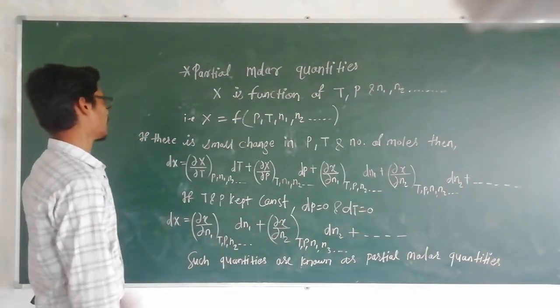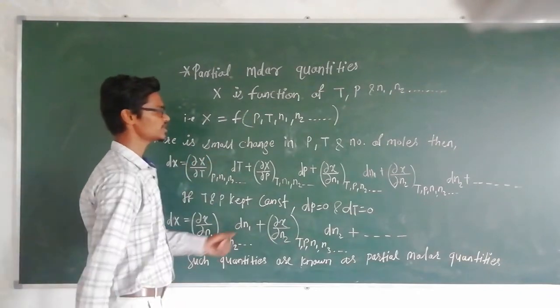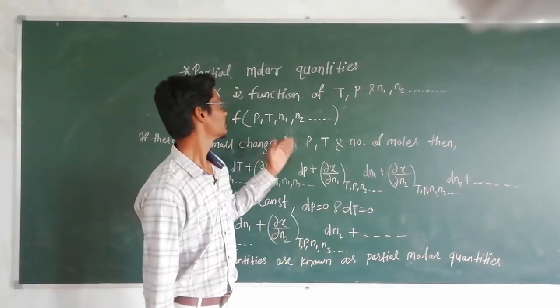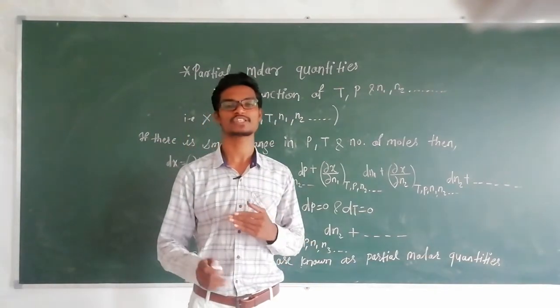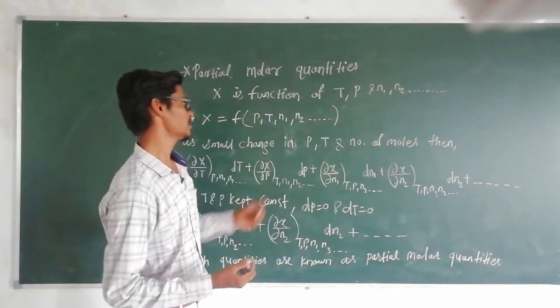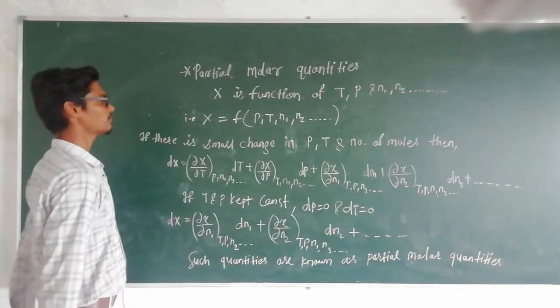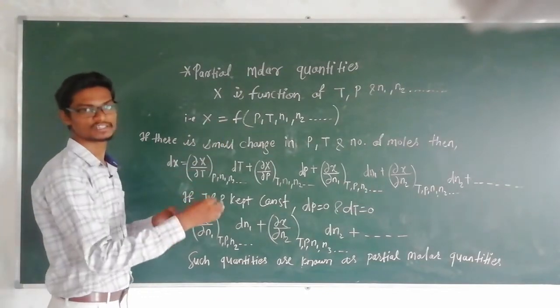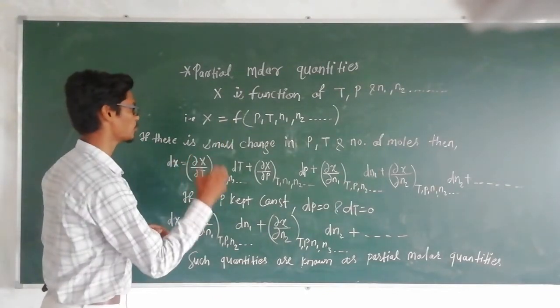Now if there is a small change in pressure, temperature and the number of moles, as we move from the initial to the final state, then the function also changes by a small quantity.